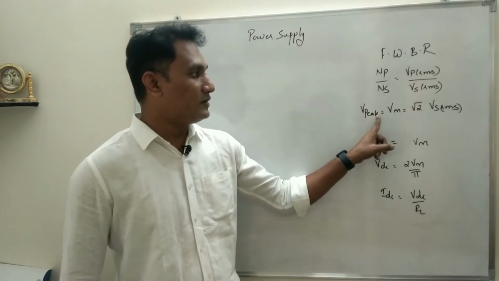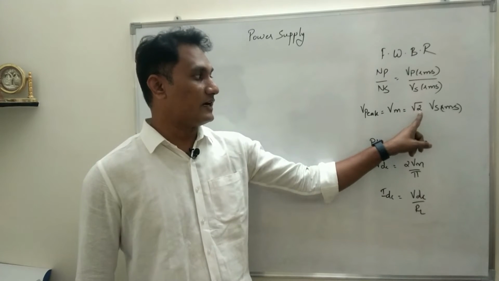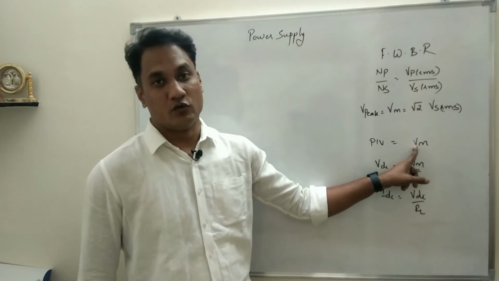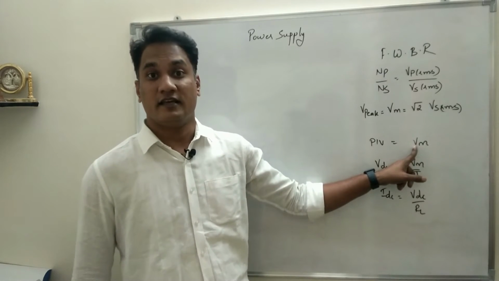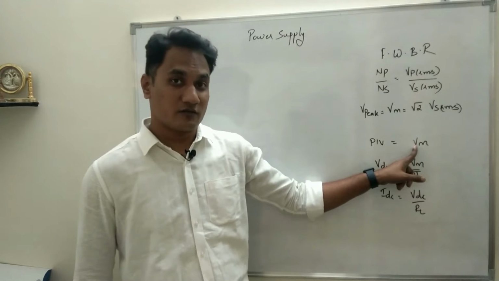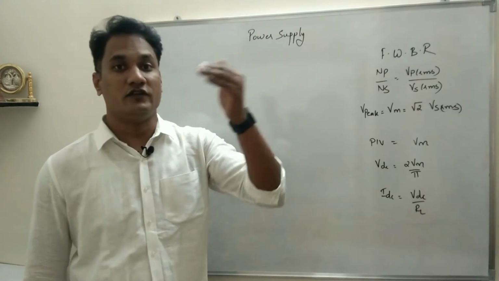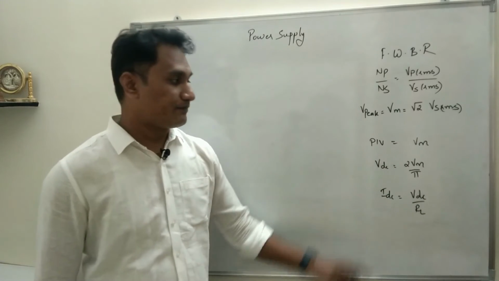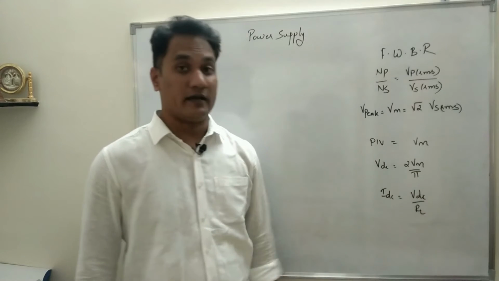Therefore the peak value, which is Vm, will always be specified as root 2 into Vs RMS, and PIV will of course be Vm only, because we are using only one secondary, not two secondaries as in the case of the full wave rectifier, where we use a center tap transformer. We divide the transformer secondary into two secondaries, so Vm plus Vm, 2 Vm in that case. Here it will be only Vm.